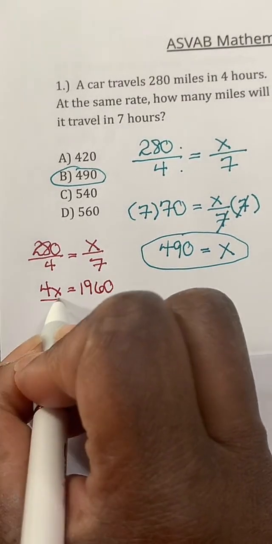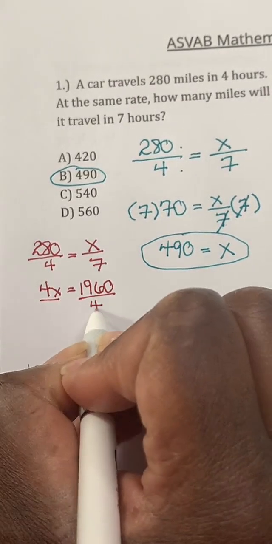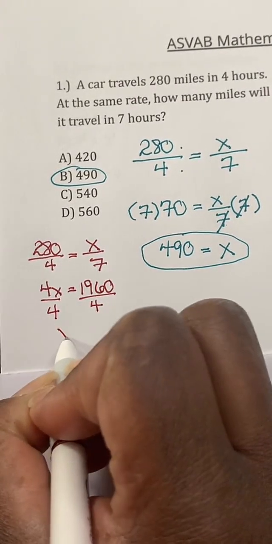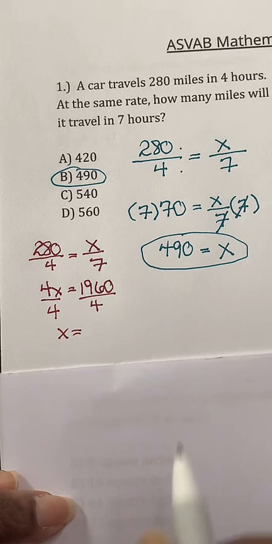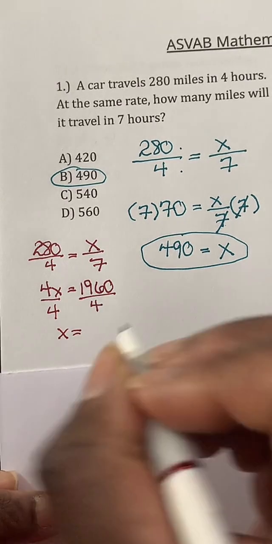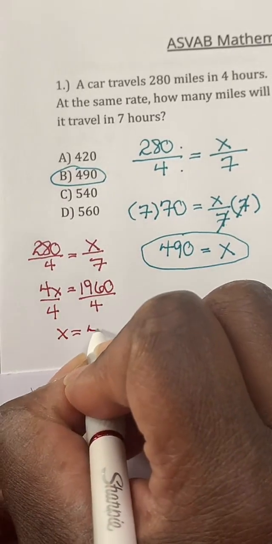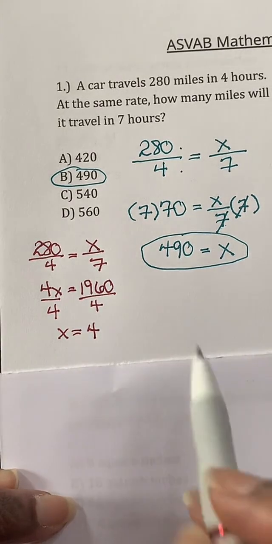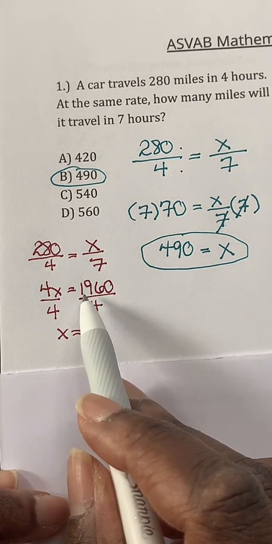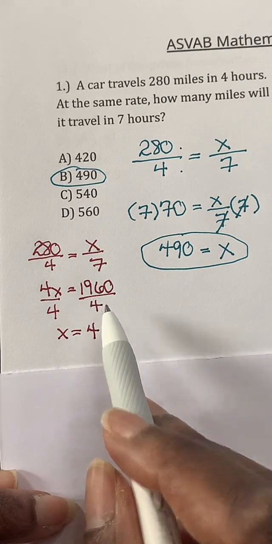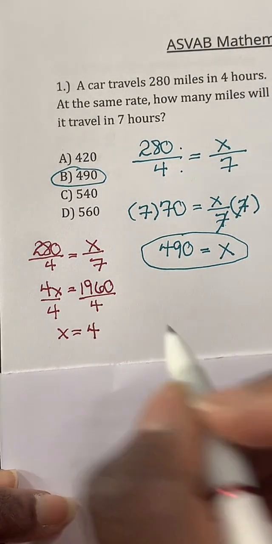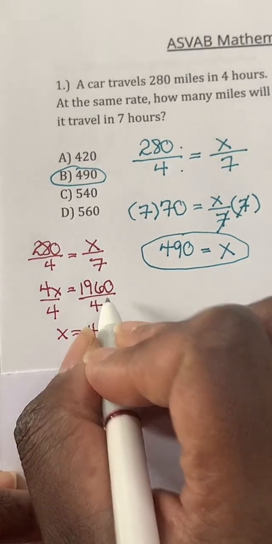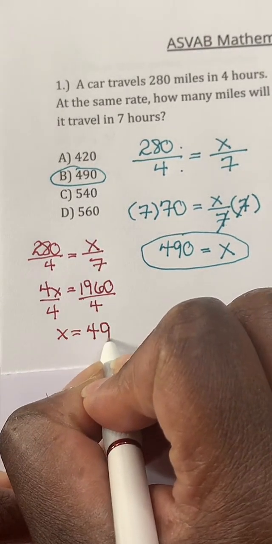And then we divide both sides by 4. How many 4s can go into 19 evenly without going over? That will be 4. 4 times 4 is 16. So 19 minus 16 would be 3. Bring down the 6, we got 36. How many 4s can go into 36? 9.